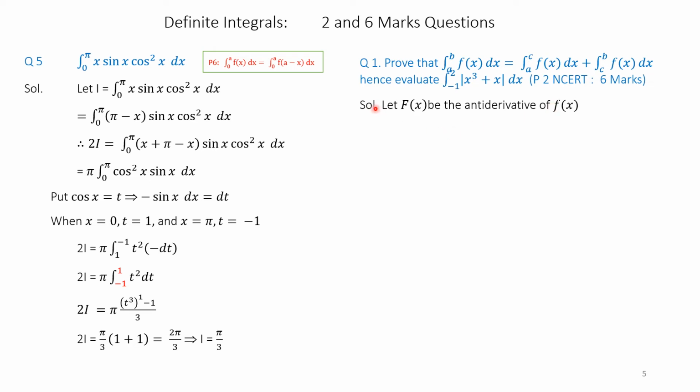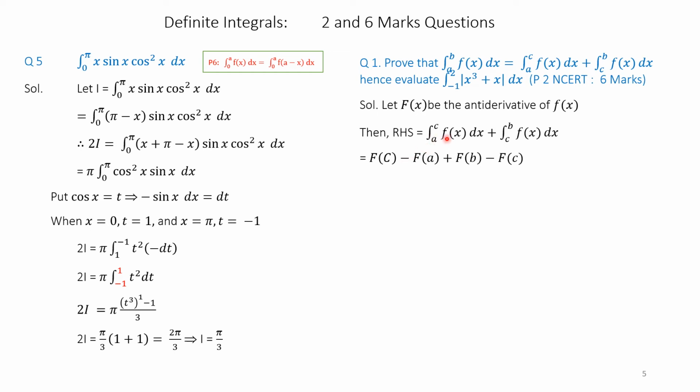Solution. Let capital Fx be the antiderivative of fx. That is, the integral of fx is capital Fx. Therefore, the right hand side of this equation becomes integral a to c of small fx dx plus c to b of small fx dx. Now we have integrated it and we substitute the upper limit first.